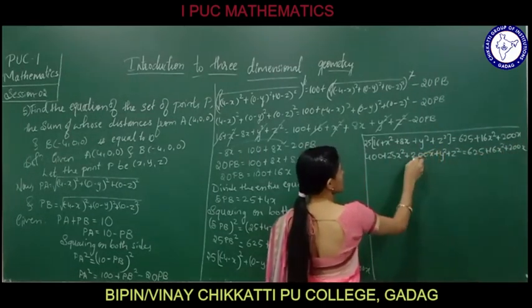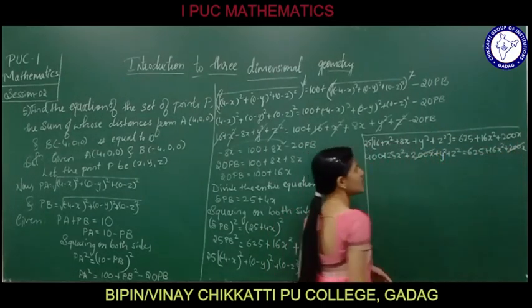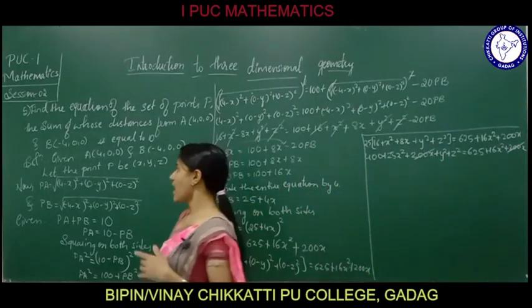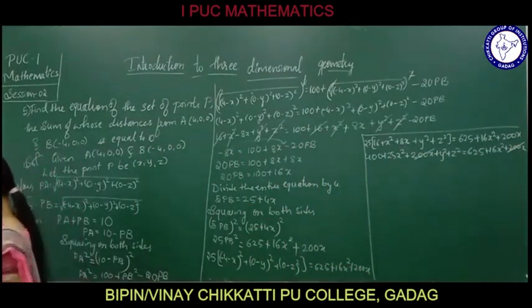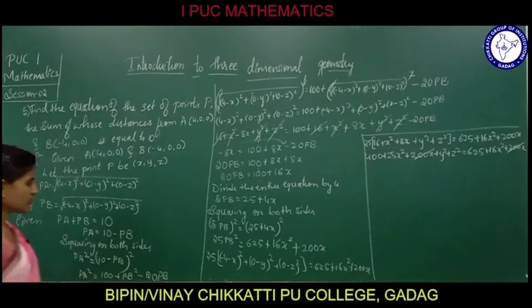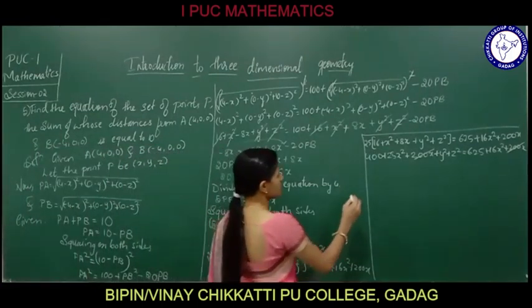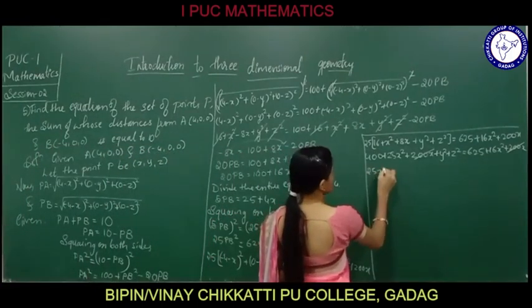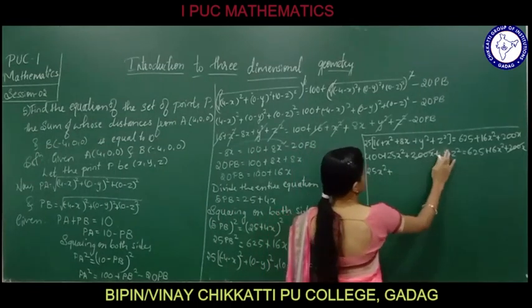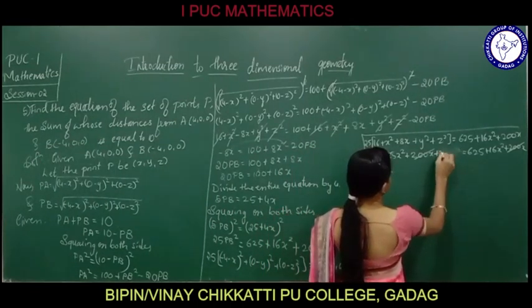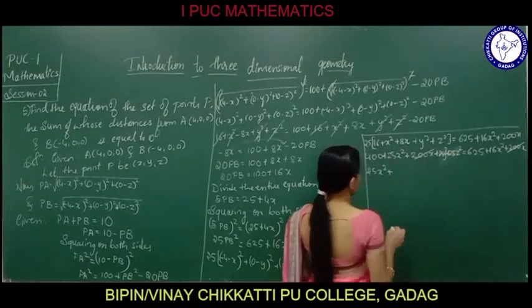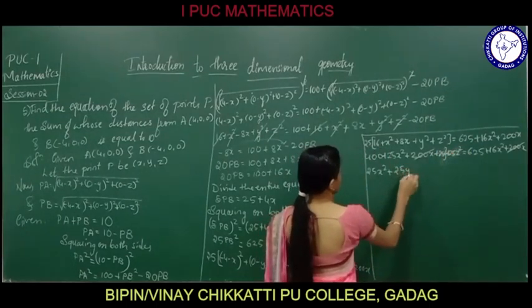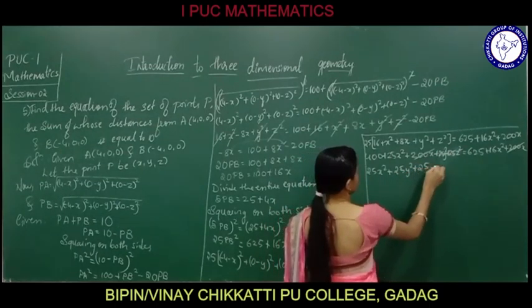So now 200x and 200x, what happened? It got cancelled. Go on simplifying. We are left with 25x square plus 25y square plus 25z square.